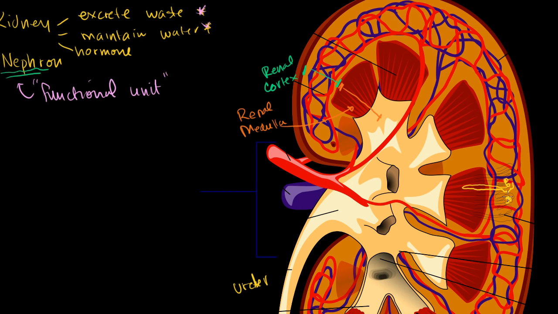It goes, this is where it starts, and then it dips down again. So multiple nephrons are going to keep doing that, but they're super thin. These tubes, or these tubules, maybe I should say, are super thin. And an actual kidney, your average kidney, will contain on the order of 1 million nephrons. 1 million nephrons.